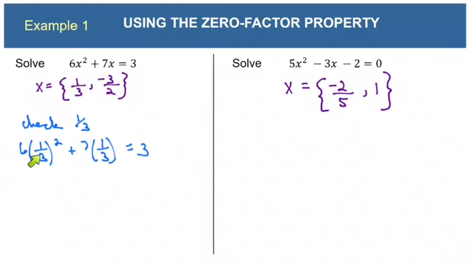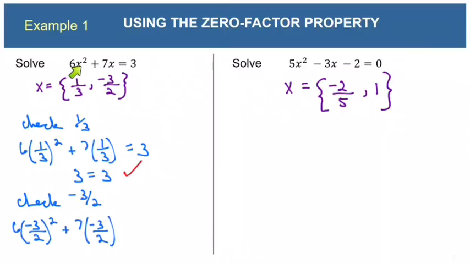So the left side should add up to 3 and the right side we know is 3. So this solution does check. And let's go ahead and check the second solution. So here you'll have 6 times negative 3/2 squared plus 7 times negative 3/2, and again that should add up to 3. And so again you're going to use your calculator.